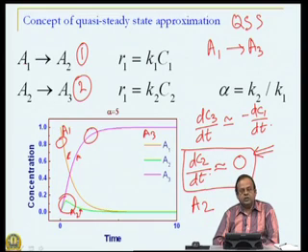If that is the case, then we can invoke quasi steady state approximation for those highly reactive intermediate species.